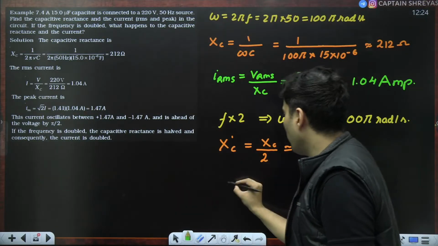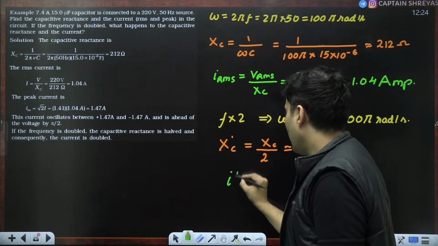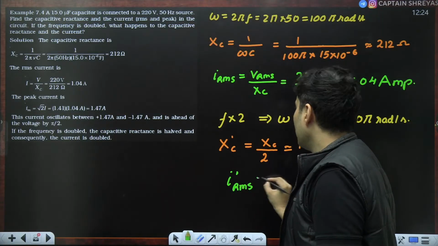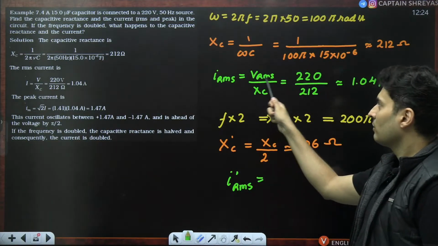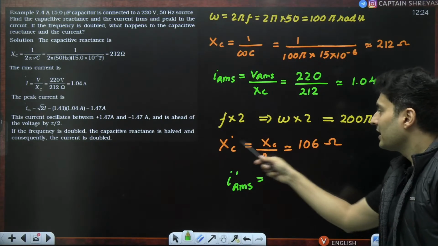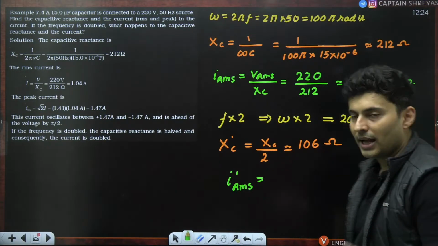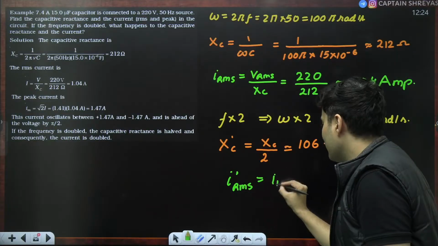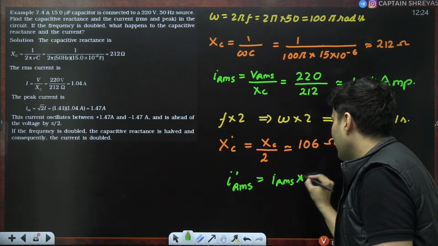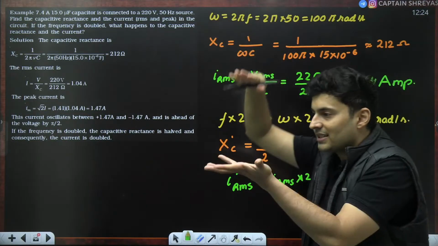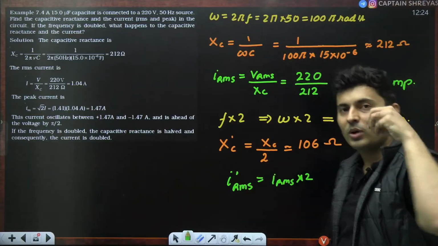If you ask me what will happen to the current, well, current is VRMS by XC. Resistance has decreased by a factor of 2, so the RMS current will increase 2 times. If resistance reduces, current increases, more current will flow.